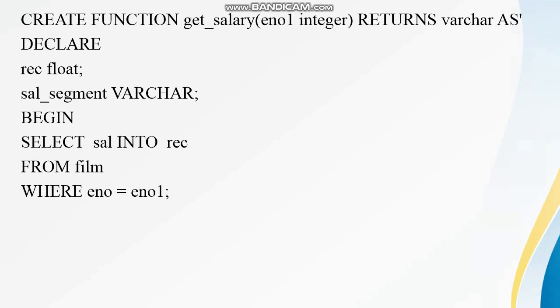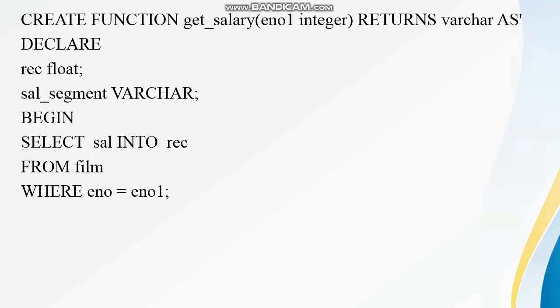This is the example I have taken. I am going to execute this example and show it to you. Create function get salary with employee number e number 1 of type integer. That means at runtime, when I call the function, I am going to provide the employee number from my database.